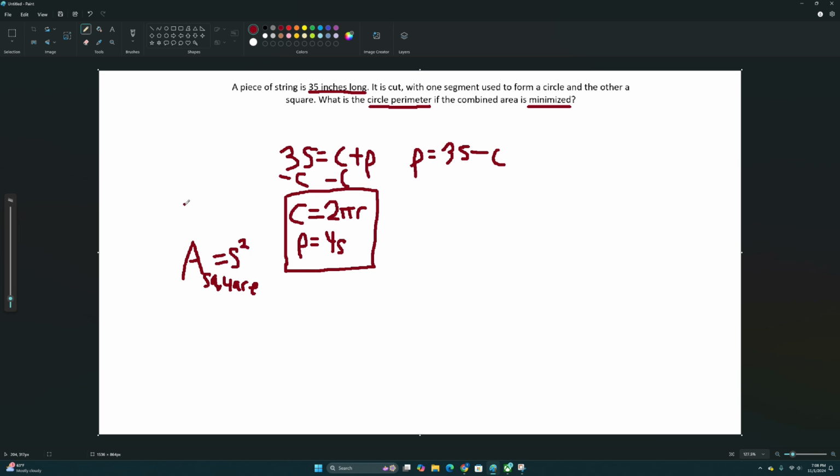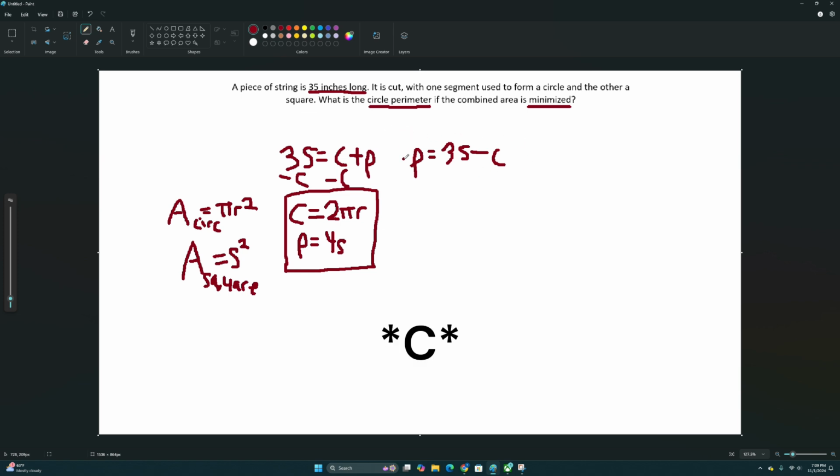And for the area of a circle, I'm going to go with circ, is equal to pi r squared. So in this situation, we're looking at this formula, and this is part of the equation. We're having to minimize the area, so we already have the equation for basically the perimeter of each.